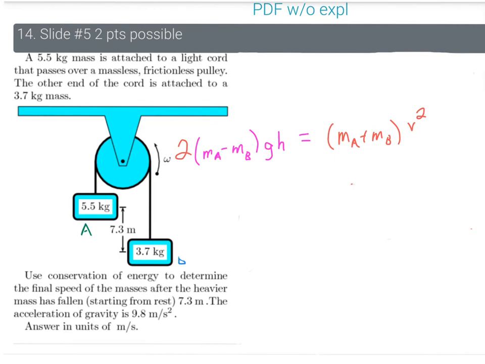And then all we have to do is just divide by the parentheses. So we divide all of this by MA plus MB, and I divide my left side by MA plus MB.